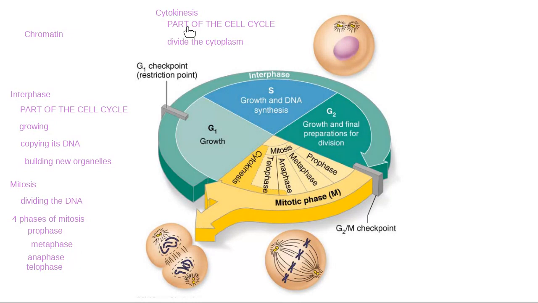When I ask about the parts of the cell cycle, now we're talking about either interphase, where my cell is growing, where it's copying its DNA, where it's making new organelles, or the very end, where it's splitting up its soupy stuff. Cytokinesis. Those are my 2 parts of the cell cycle. My 4 phases of mitosis.